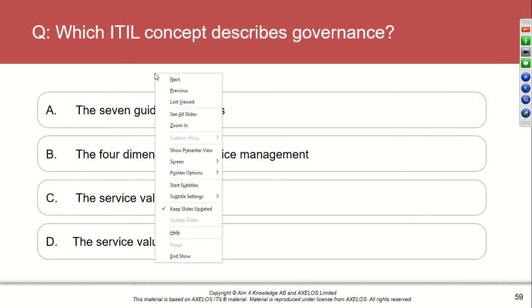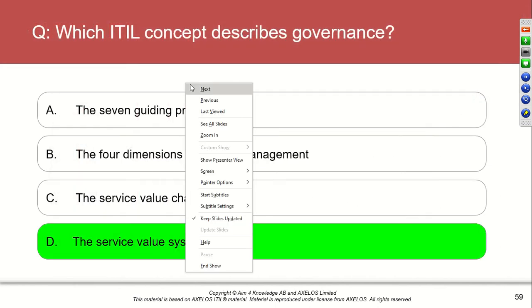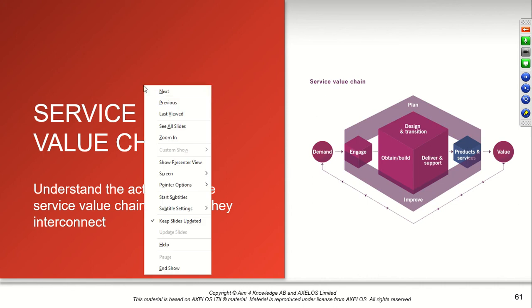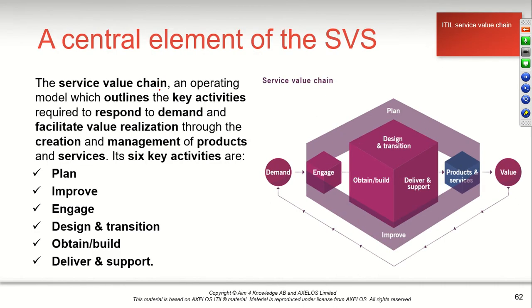All right. And then we started the lesson which we did not finish. Service value chain. Okay, what is the service value chain? The service value chain refers to an operating model which outlines the key activities required to respond to demand and facilitate value realization.